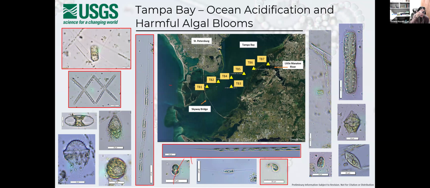And then I did find the Pseudo-nitzschia, not at bloom levels, but it was present in these samples, and that one also produces a pretty nasty toxin, domoic acid. Were you picking up domoic in your samples? I don't have the toxin data back yet. We're still waiting to put all the pieces together: the chemistry, the taxonomy, and the toxins.